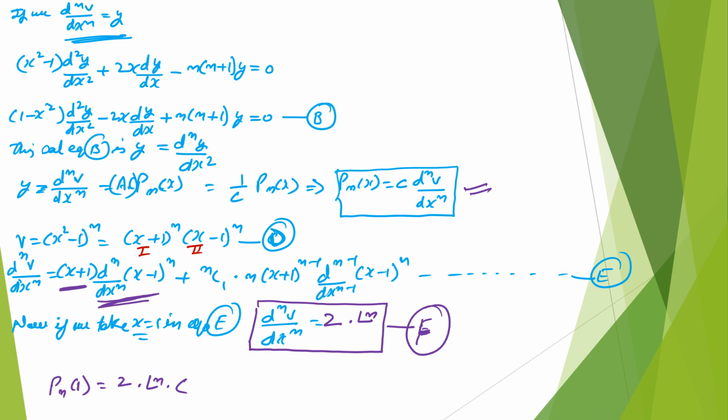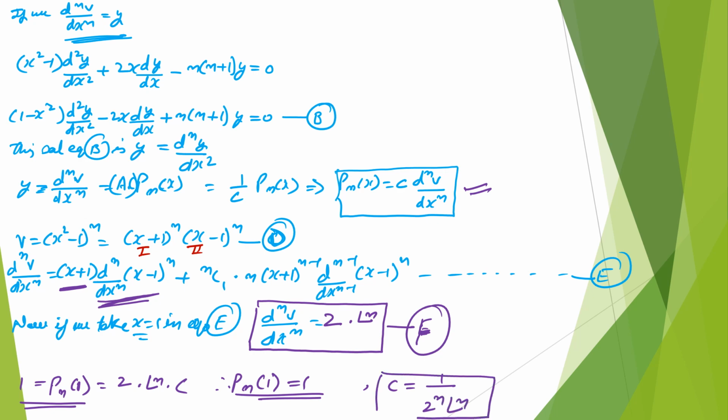So when the value is 1 and P_n(1) is 1, we know that the value of P_n(1) is always 1. So we substitute this value and we find that the value of C is equal to 1 by 2 to the power n factorial n.